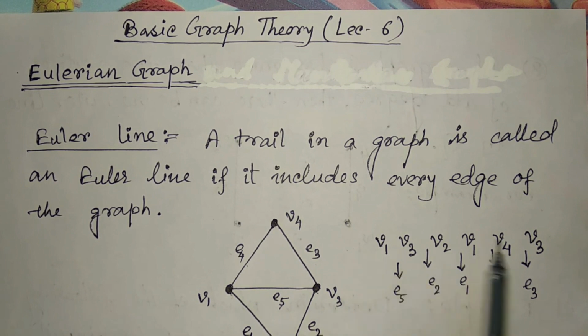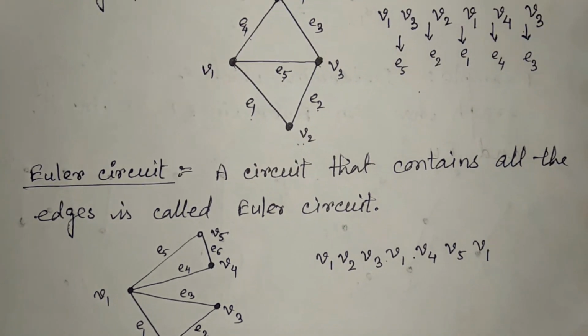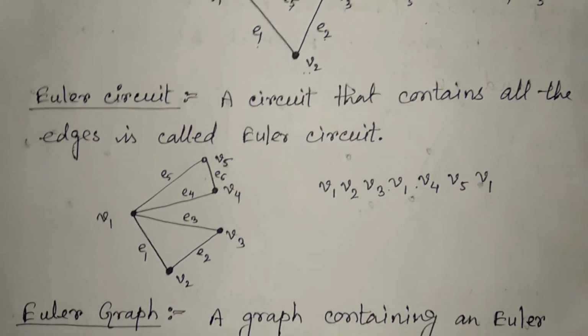So we include all the edges in this trail. So this is called the Euler line. Now, the Euler circuit: a circuit that contains all the edges is called an Euler circuit.